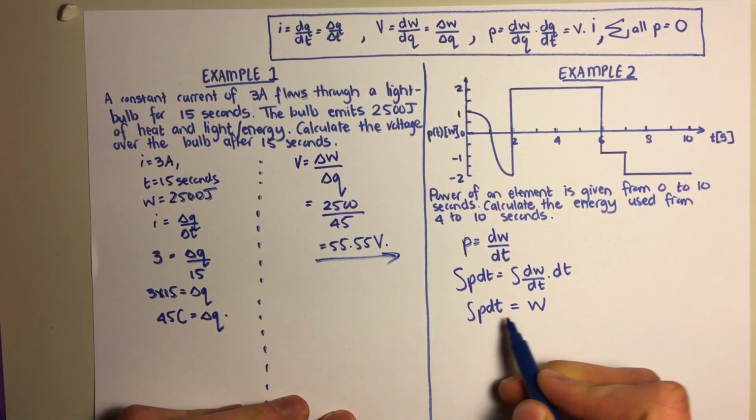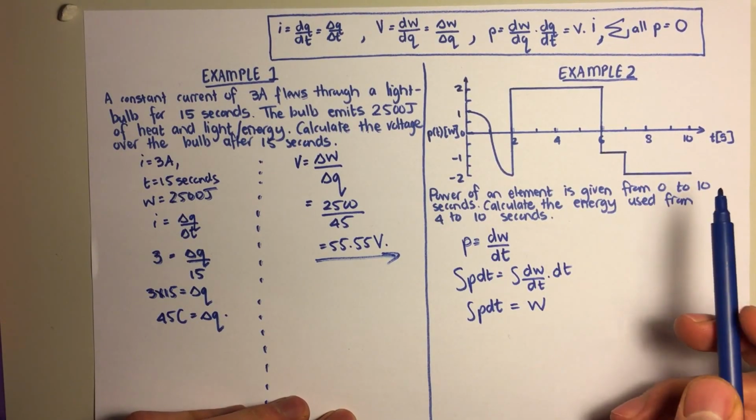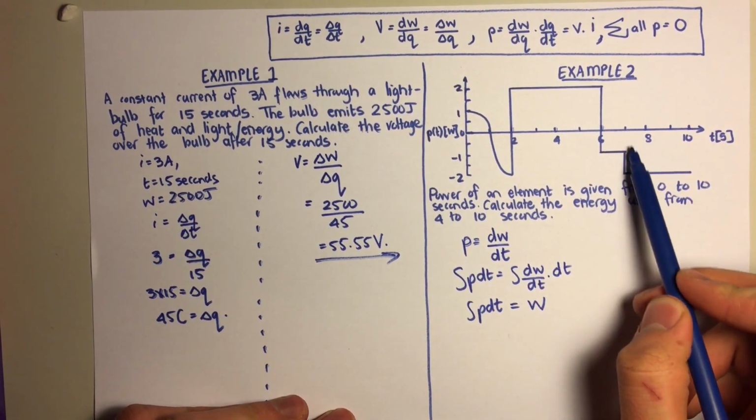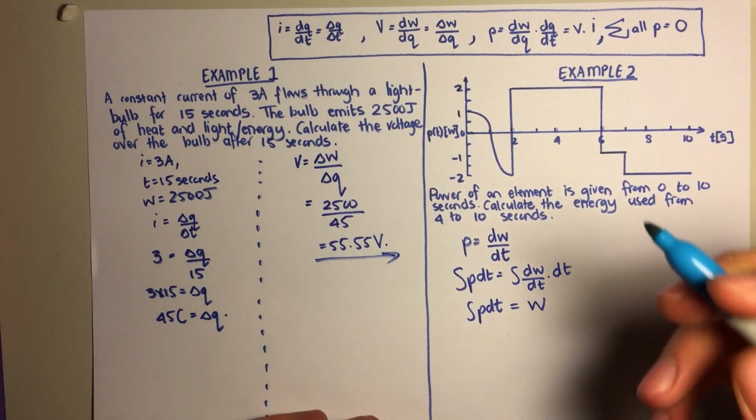So what do we know about an integral? An integral is just the area under the curve. So what that means is we can add this area with this area with this area from 4 to 10 seconds, and then we'll get the integral out.